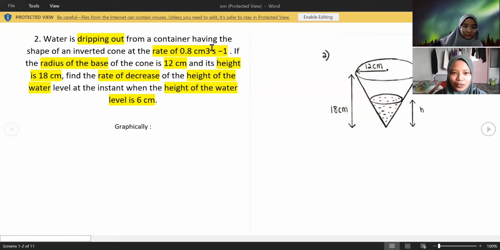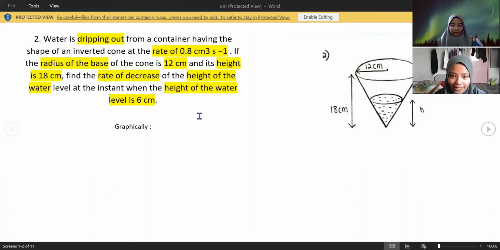dt stands for rate, right? Yes. So the next keyword is the radius of the base. They give us 12 cm in the graphic, and its height is 18 cm. So the question asks for the rate of decrease of the height of the water level. It means we have to find dH/dt, because dH is about height and dt is the rate itself.